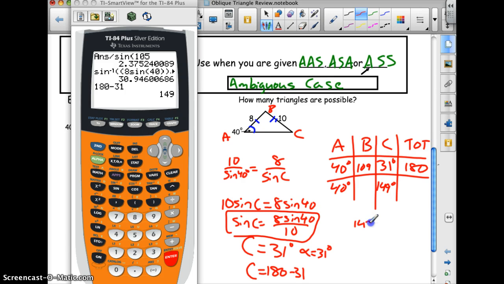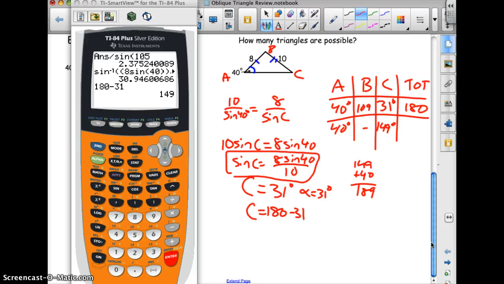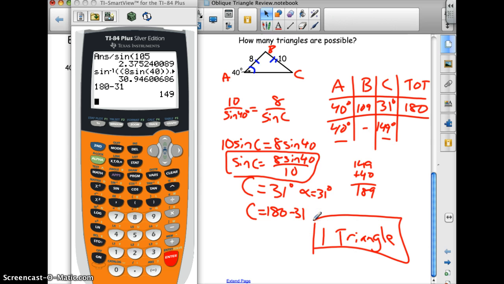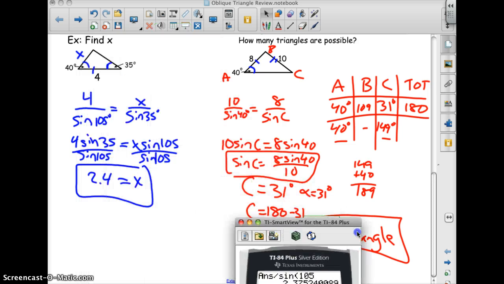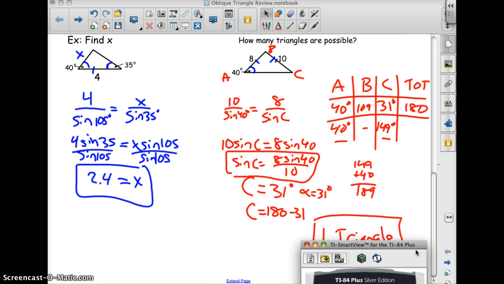What's 149 plus 40? That's 189. We've got nothing for the B. That's just not possible. So how many triangles could I make? 1 triangle, okay? If the sum of A and C had come out to be less than 180, then I could have had a second triangle, using the second quadrant answer.